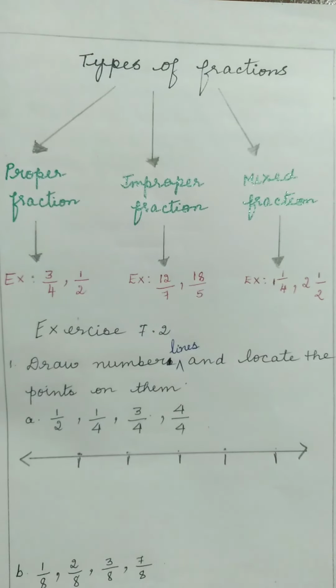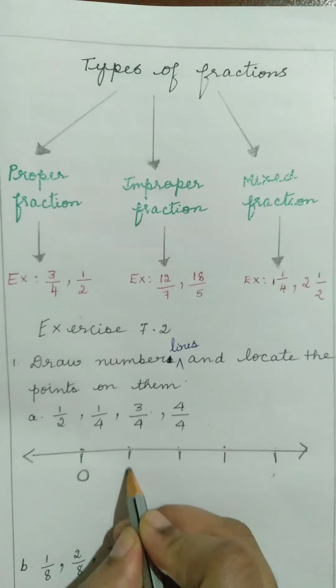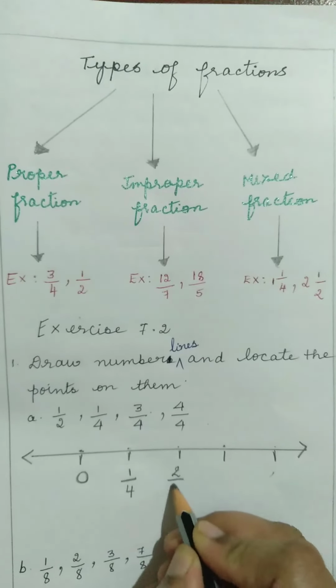To do this, draw a straight line and divide it into 4 equal parts by taking each with a 2 centimeter difference, and name the points 0, 1 by 4 and 2 by 4.